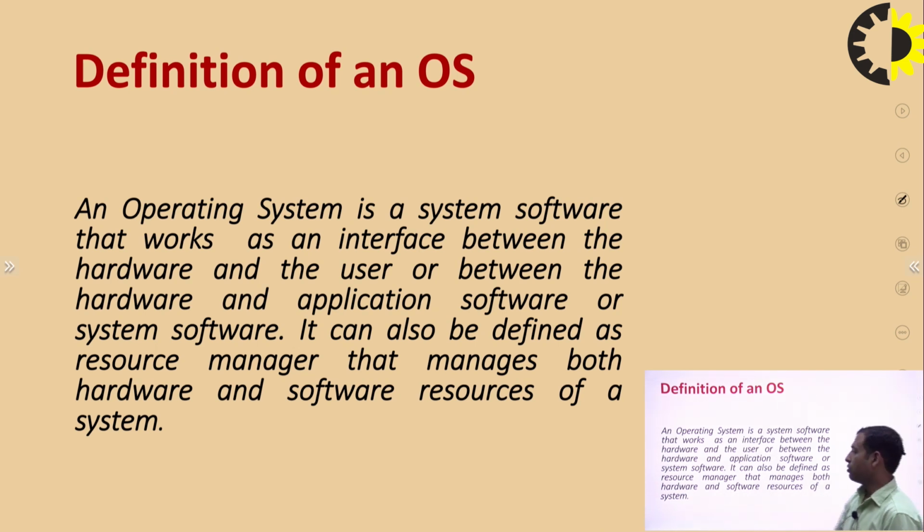It is a resource manager. We can say operating system works as a manager. What does it manage? It manages the resources, different resources, both hardware and software resources of the system. Many hardware resources and many software resources. Hardware resources such as memory, CPU, hard disk, and so on, and software resources, some applications managed by this operating system.